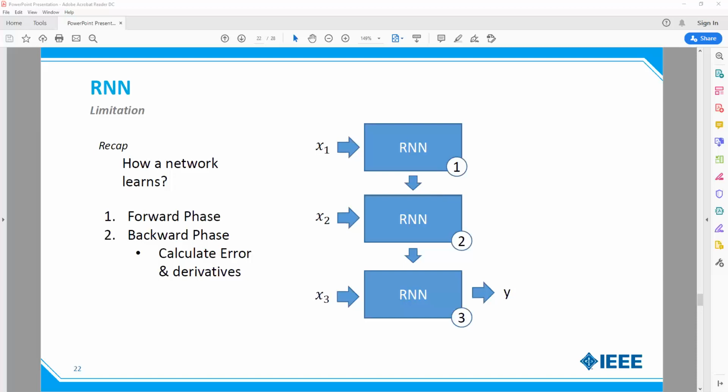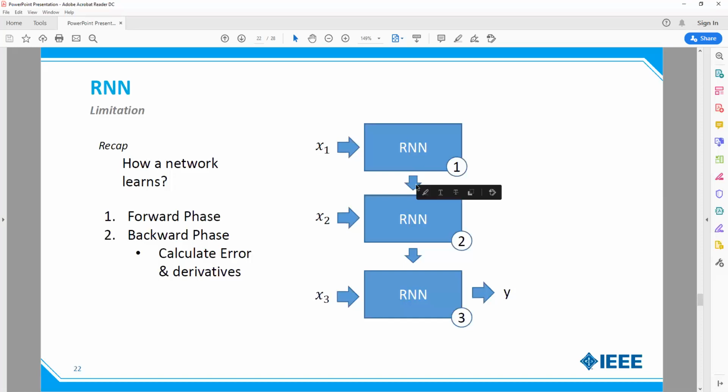So there is a question regarding the different nodes in a hidden layer. The 1, 2, and 3 are not representing different nodes in the hidden layer. It's all the same nodes. However, when you're calculating the outputs of these RNNs, they're slightly different because the input is different, as well as the initial state that it's starting off with.